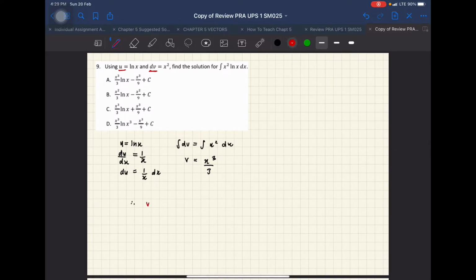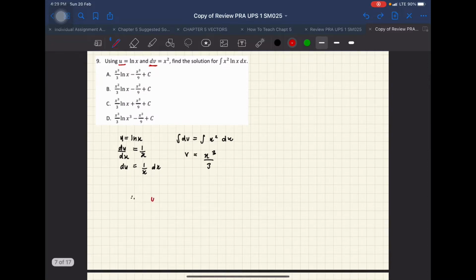So equation kita supposed to be uv minus integral v du, which is equal to u adalah ln x. Okay, and then v is x cubed over 3. Okay, and then minus integral of v du. V is x cubed over 3. Okay, and then du is 1 over x dx. Okay, so we can simplify this one and this one, just left with 2.